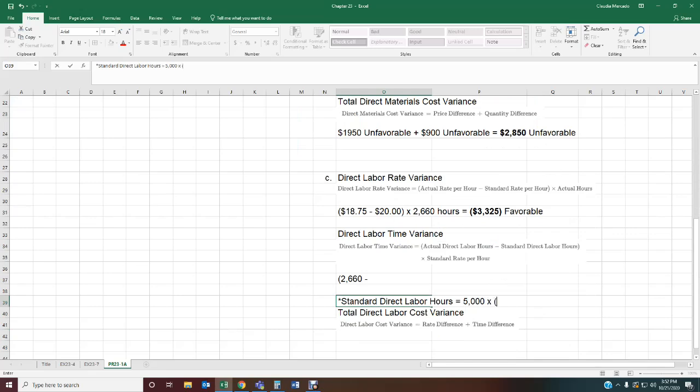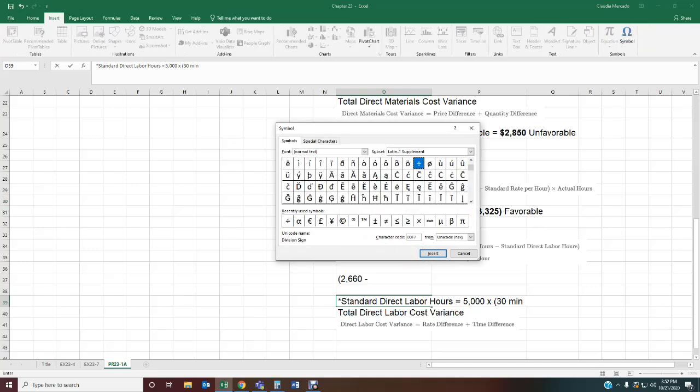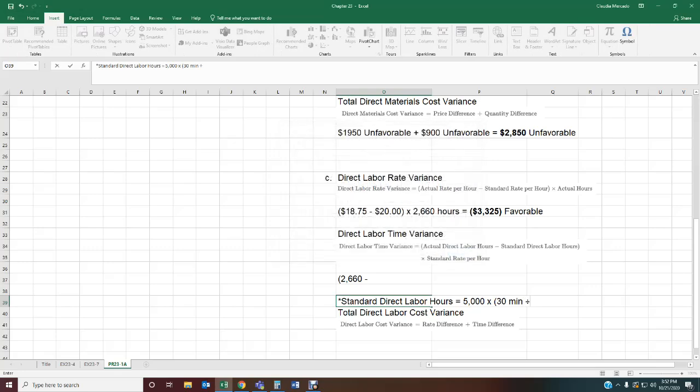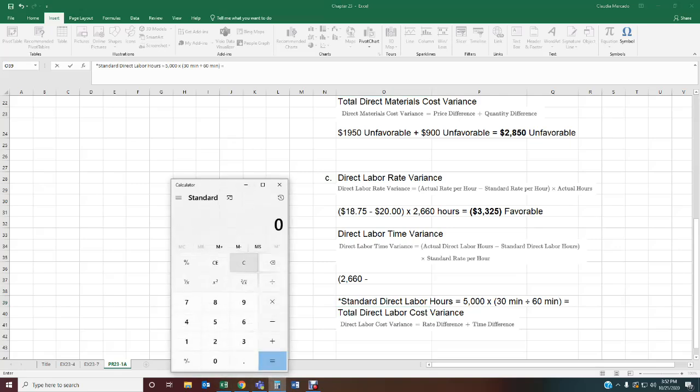I'm going to multiply it by how long it takes to manufacture each faucet, and divide it by the 60 minutes in an hour because of the time component. Let's see what that gives us. That's 30 divided by 60, that's half, times 5,000. That's 2,500 hours.